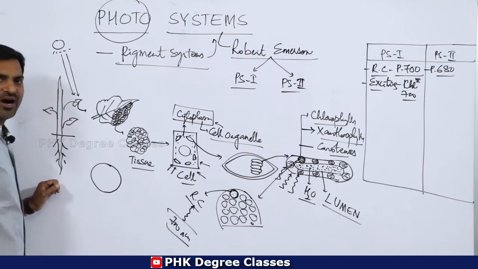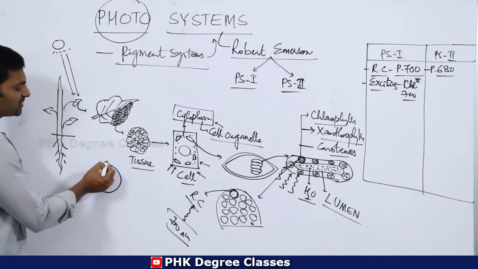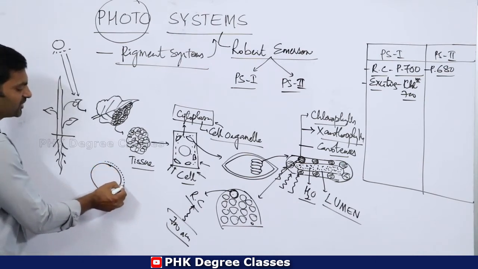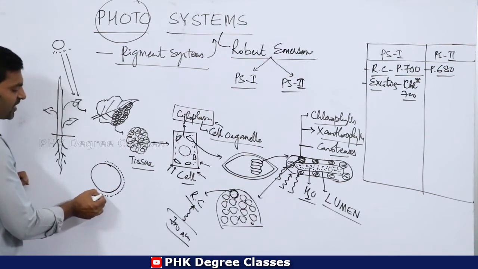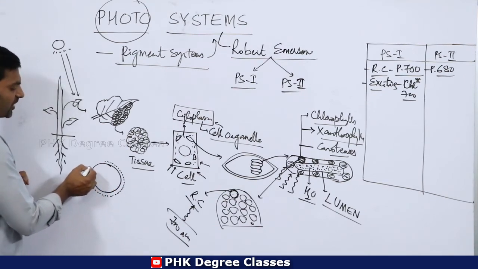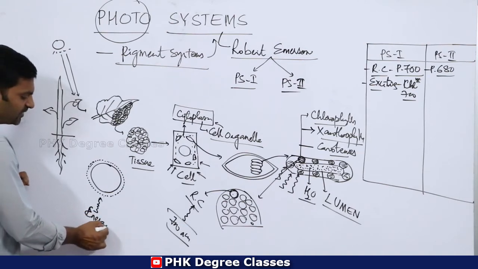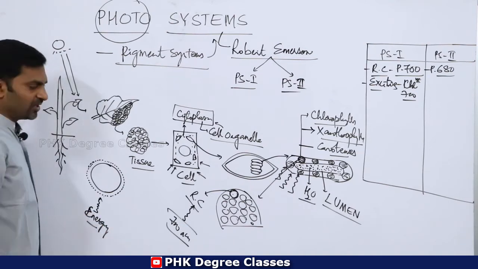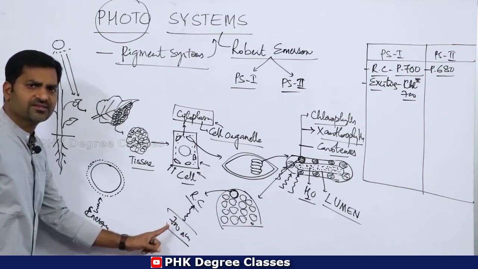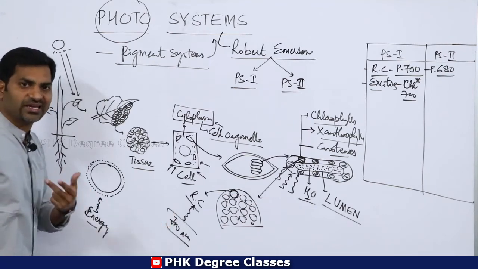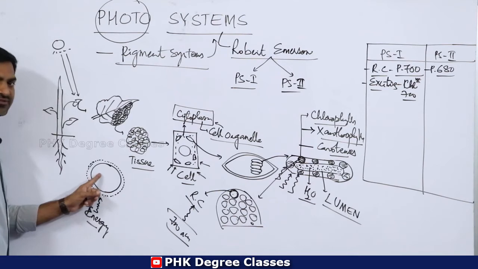Every molecule has outer orbits, according to chemistry, according to atomic structure. So when the molecule receives energy, what kind of energy here? Sunlight, that is, heat energy is received by this particular chlorophyll A molecule.